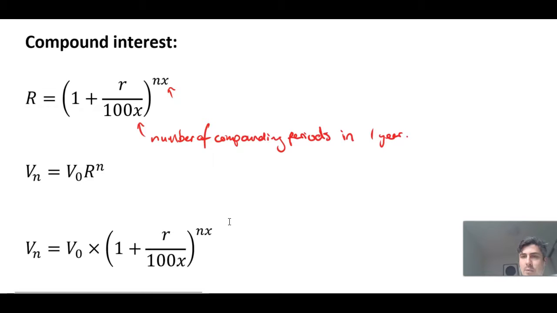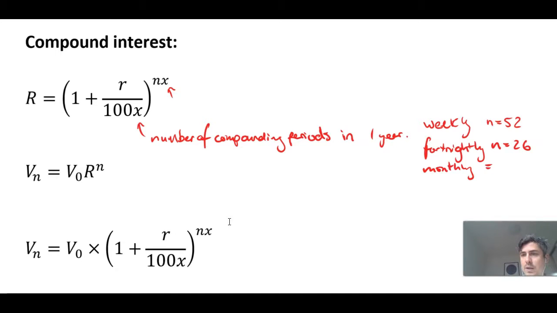For example, weekly would be 52, fortnightly would be 26, monthly would be 12, etc. So you have to work out how many periods there are in 1 year. And that has to multiply the power as well.